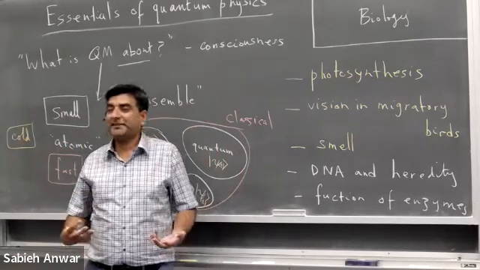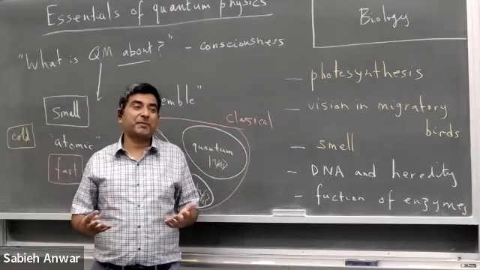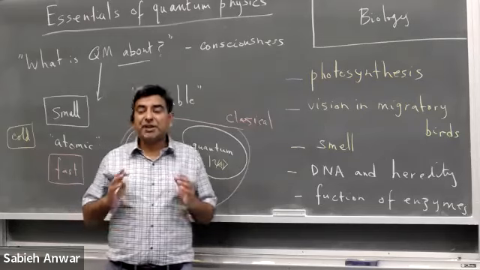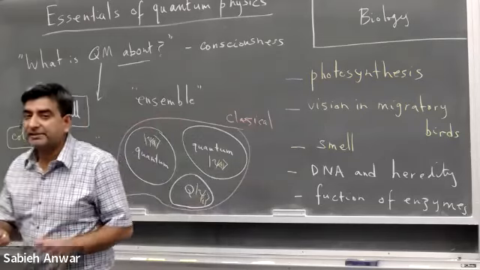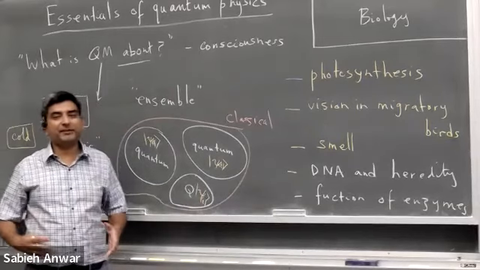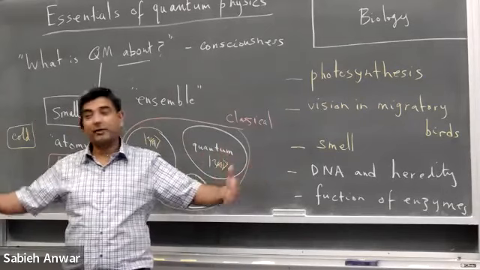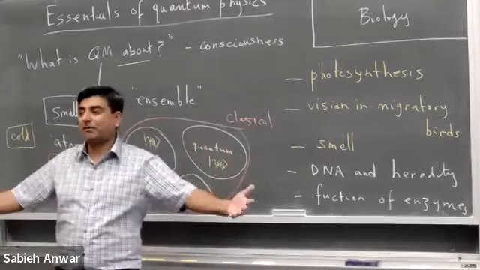But our body is at 37 degrees centigrade. It's very hot from the quantum mechanical perspective. So that's why quantum mechanics is difficult to perceive, because the systems that we deal with, they are large in size and they are hot, they are warm. Biology is warm.